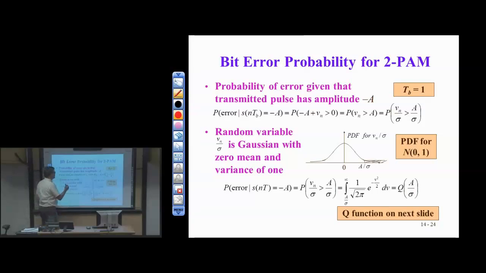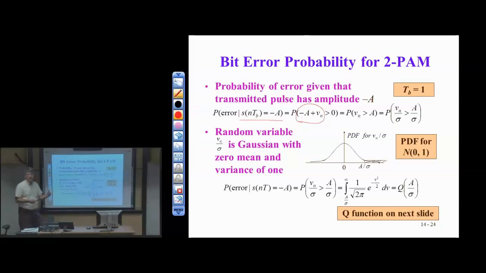So the probability of error, given that we transmitted an amplitude of minus capital A, which for us is a bit of value 0, for just my current choice, then what that really means is that I want to know when the PDF, which is now a Gaussian probability density function centered with a mean of minus capital A, when is that giving me a positive value?